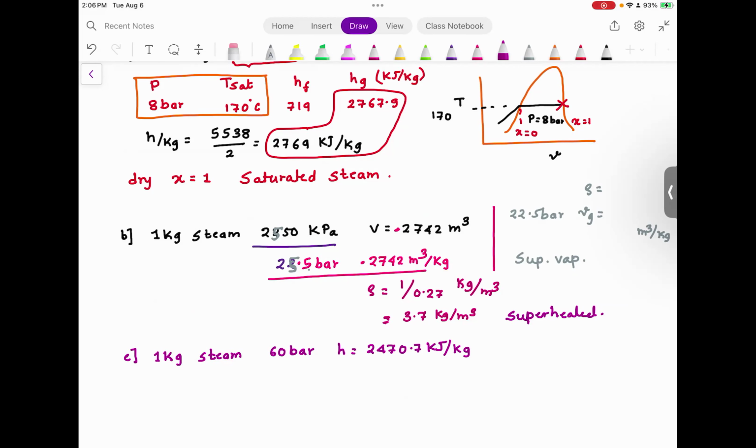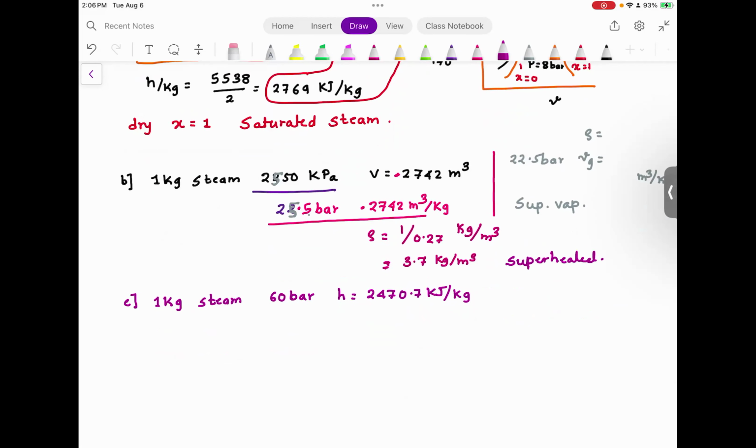So what I want you to do is, first go to the table, pressure equal to 60 bar. Tell me what is the value of Hg and Hf for pressure equal to 60 bar.